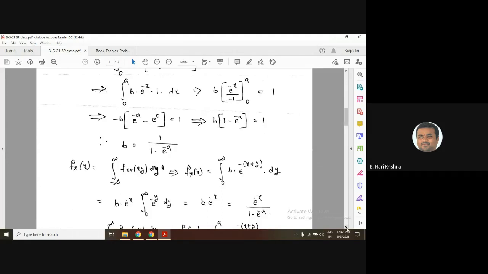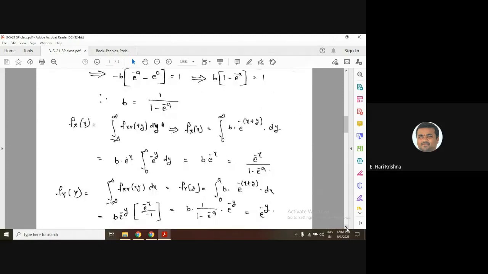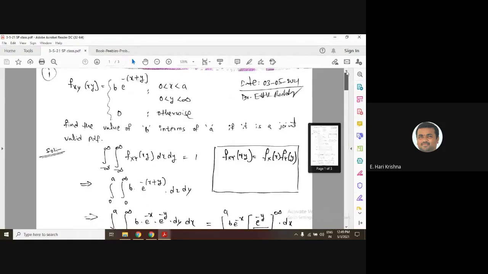Similarly, in a similar line, fy of y is also computed: the integral from minus infinity to plus infinity of fxy of x, y dx. I want the marginal density function of y, so integrate with reference to x. X limits are from 0 to a. The function is given here: x limits between 0 to a, y limits between 0 to infinity, 0 otherwise.